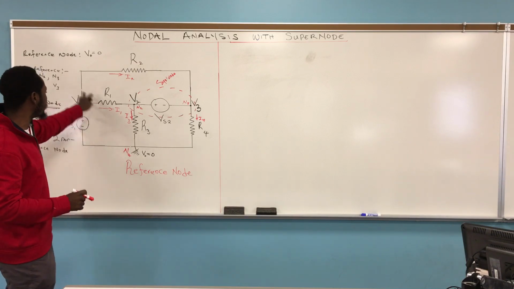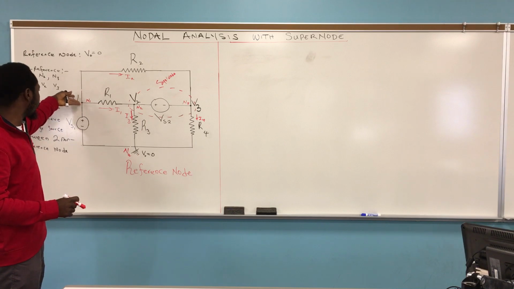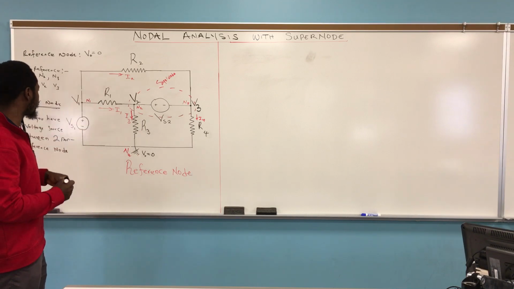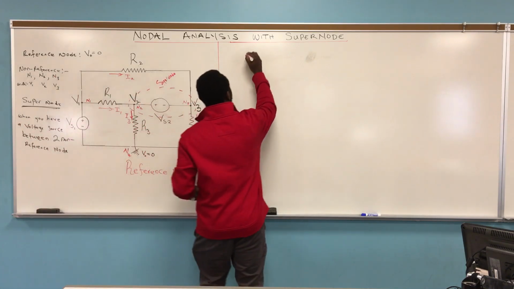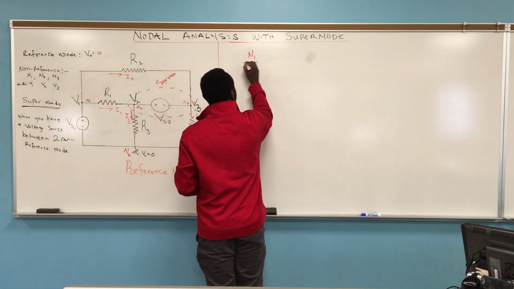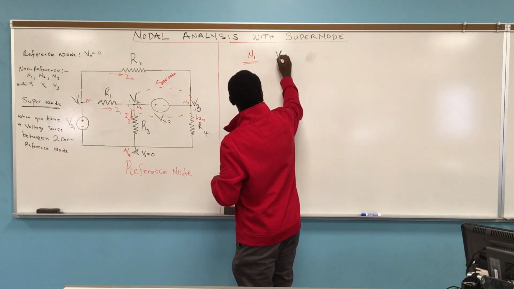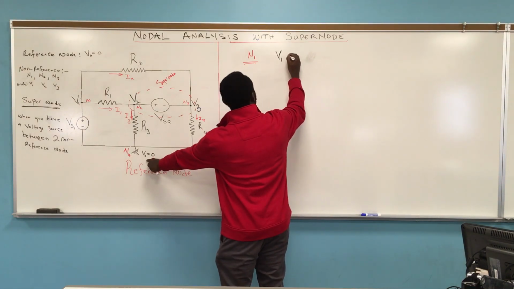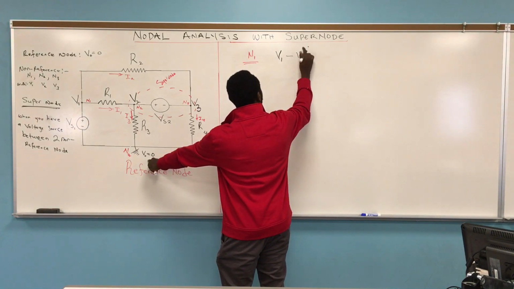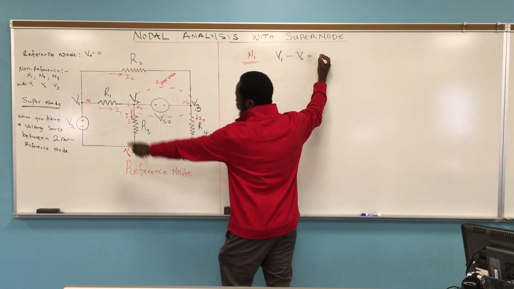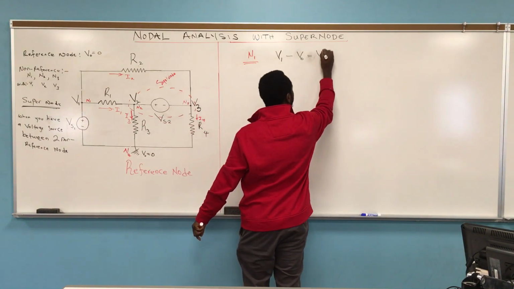Even though we don't care to consider the sum of currents going in there. So for node 1, we can get an equation that says V1 minus V0 is equal to what? Vs1, the voltage.